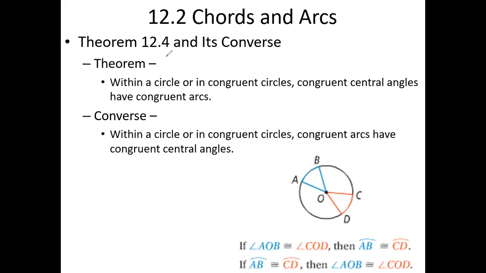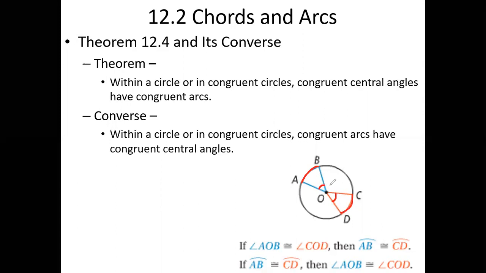Theorem 12.4 says, within a circle or in congruent circles, congruent central angles have congruent arcs. It means if angle AOB and angle COD have the same measure, then arc AB and arc CD will be equal in measure.